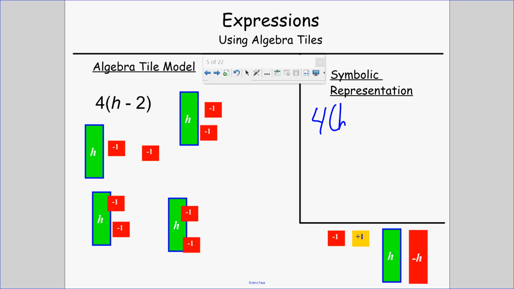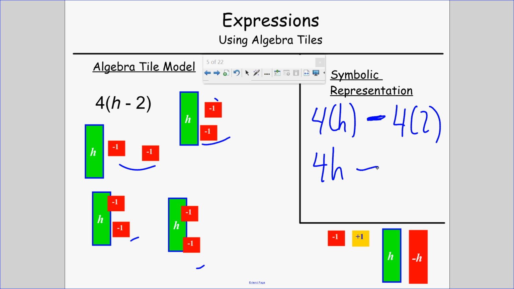You see 4 H's. Minus, how many groups of 2's do we see here? 4 of them. 1, 2, 3, 4. So 4 groups of H is represented as 4H, minus 4 groups of 2, which is 8. And let's see, we see minus 8.